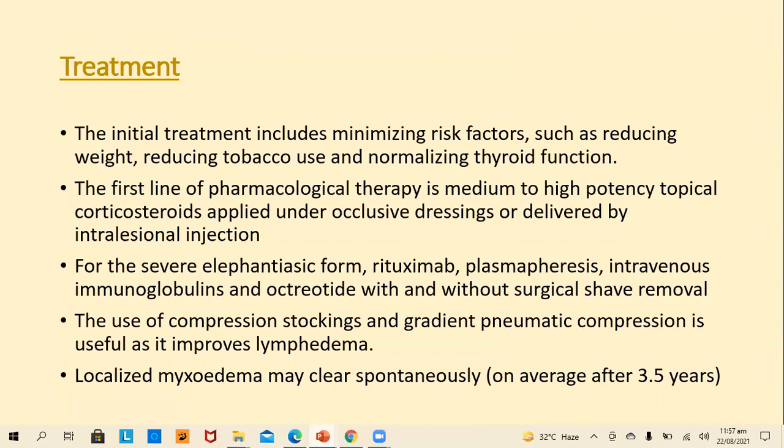For severe elephantiasis form, rituximab, plasmapheresis, or intravenous immunoglobulins, and occasionally octreotide with and without surgical shave removal. The use of compression stockings and gradient pneumatic compression is useful as it improves the lymphedema. Localized myxoedema may clear spontaneously on average after 3.5 years.